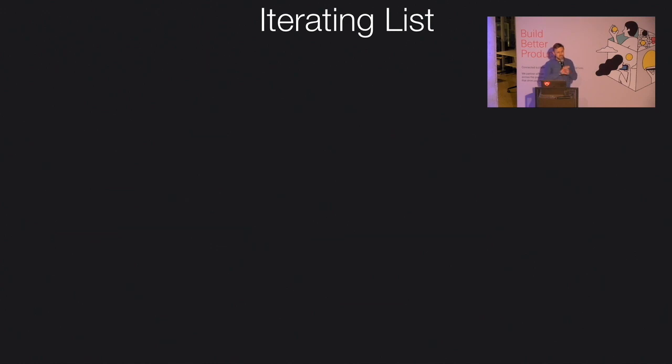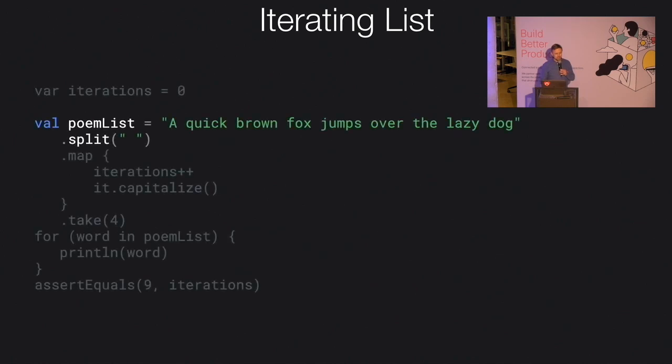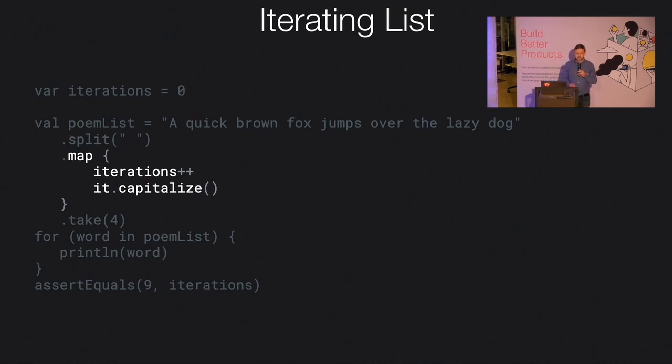So first, to explain what a sequence is, I'll start with just iterating a list, which we've all done many thousands of times. So we're going to essentially create a poem, quick brown fox jumps over the lazy dog, split that into a bunch of words. Then we're going to use the map operator. This is a simple list map operator, and we're going to capitalize every word.